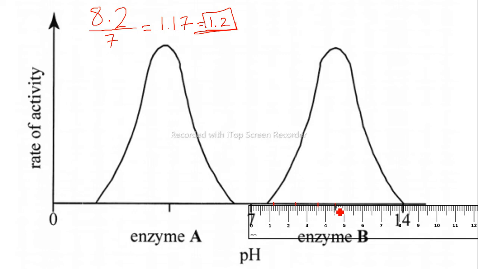If we do 4.8, remember we rounded it to 1.2, so that's why we expect some discrepancy right there.